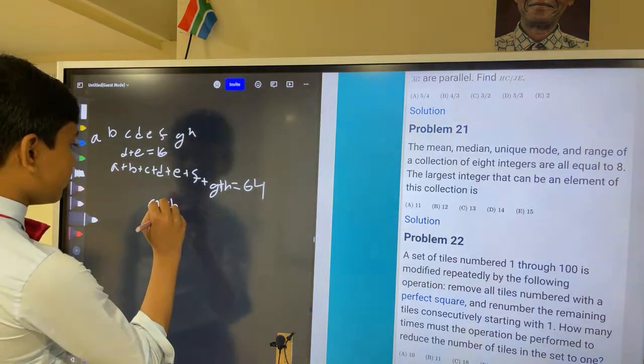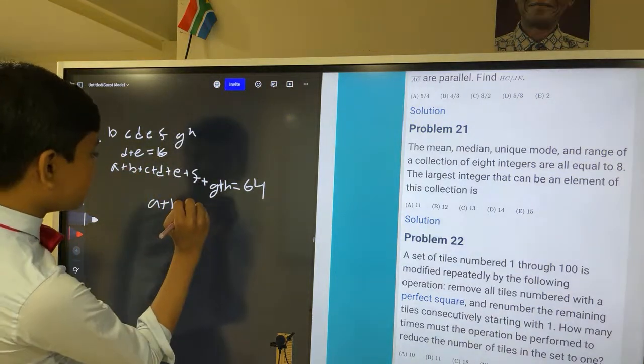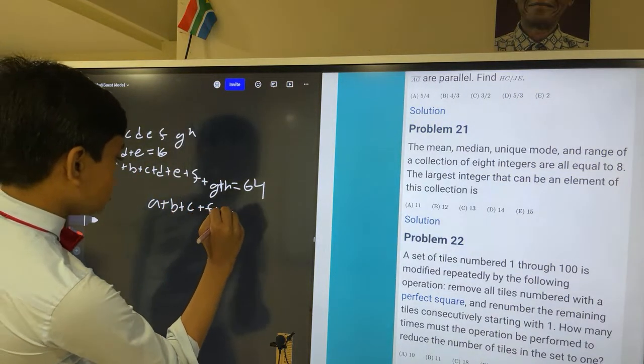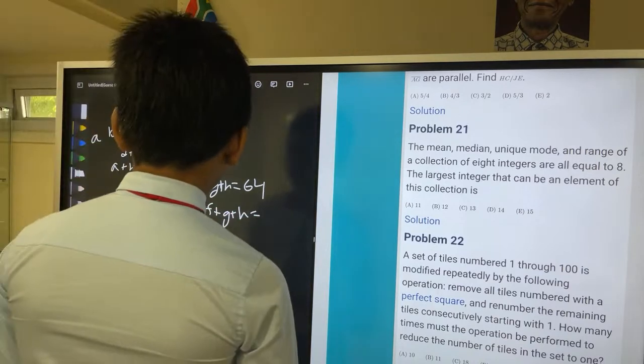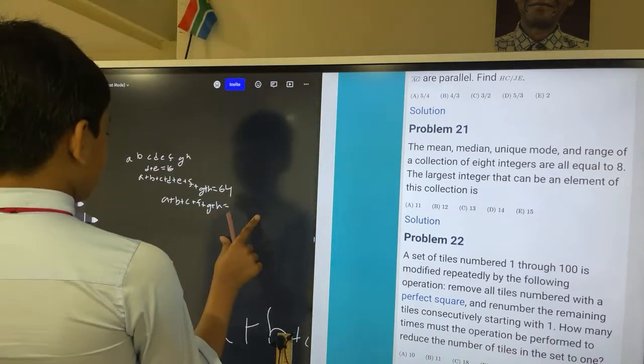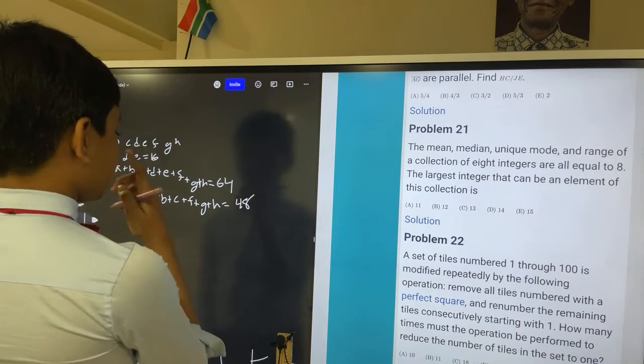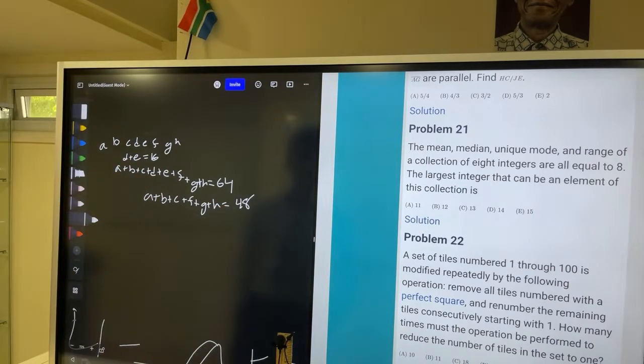So that means that if we subtract 16 from that because of D plus E, the sum of these 6 integers is going to be equal to 48. Okay, so the mode is also equal to 8, which makes me think that D and E are both 8.